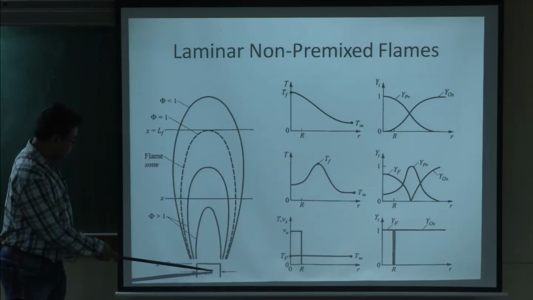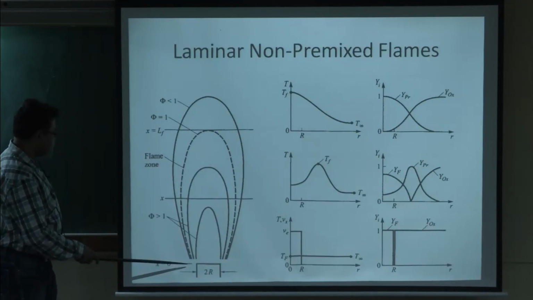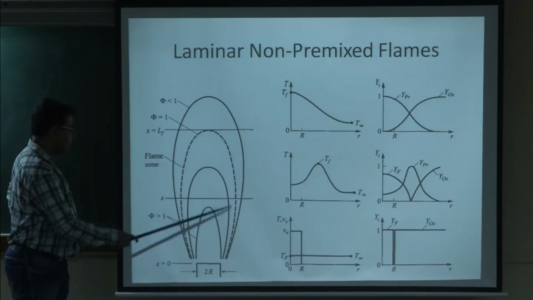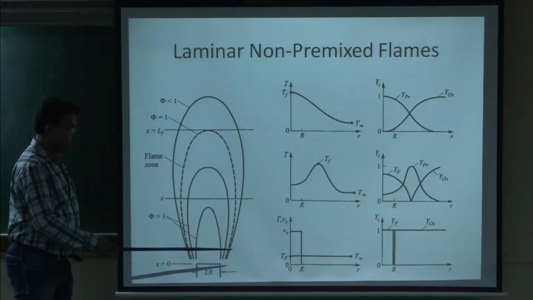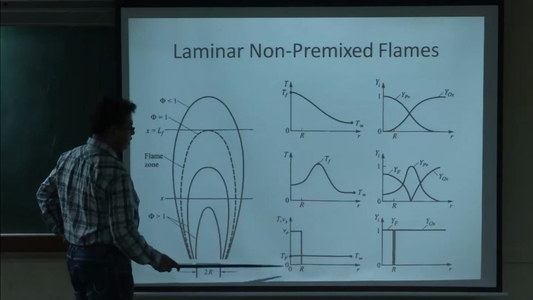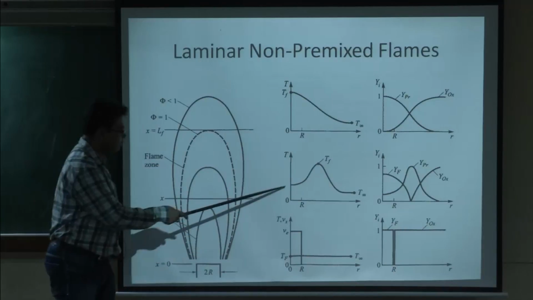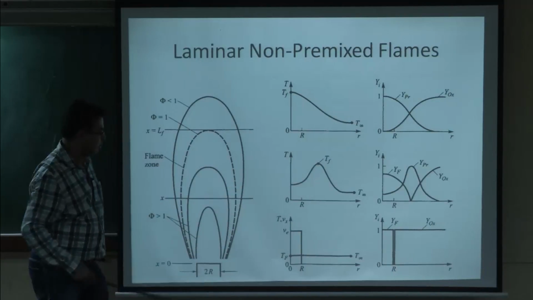So, we have a jet of diameter 2r, and then initially there will be the potential core, but if I take a section away from the potential core, I will be able to plot different properties, different variables like temperature and the concentrations.